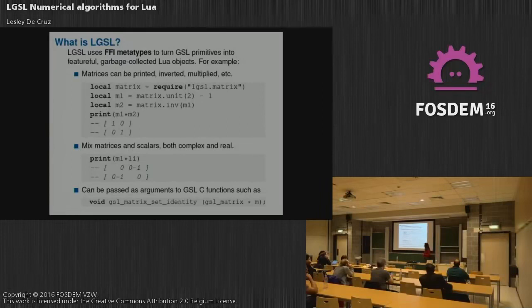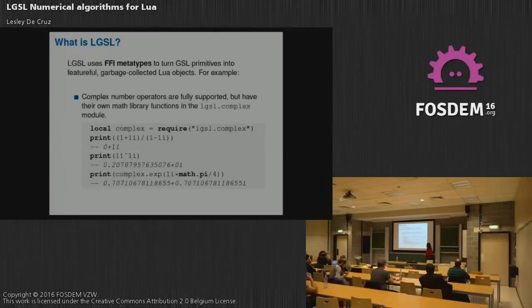And thanks to operator overloading and so on, you can mix all kinds of objects like matrices, scalars, and complex and real numbers. And this is all handled very gracefully. Now finally, even though these objects are very featureful Lua objects, you can still just pass them to all the GSL C functions.